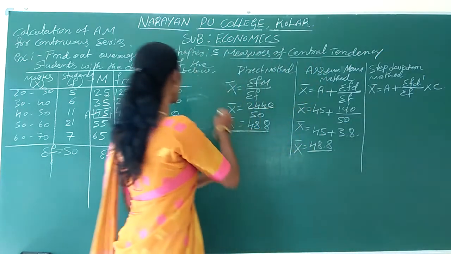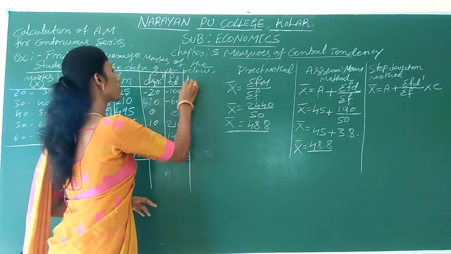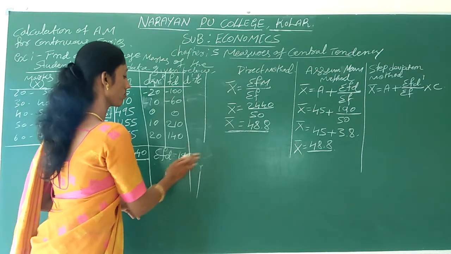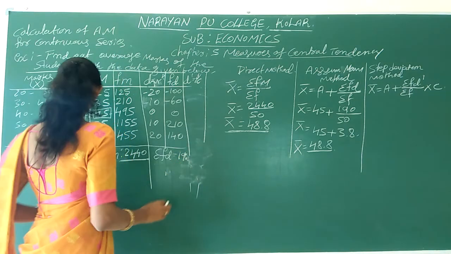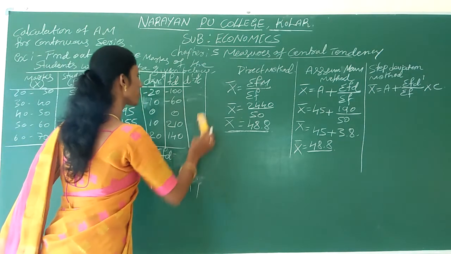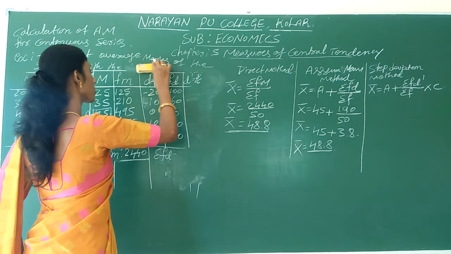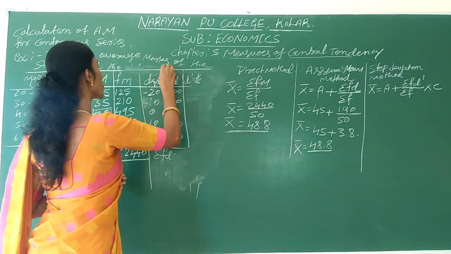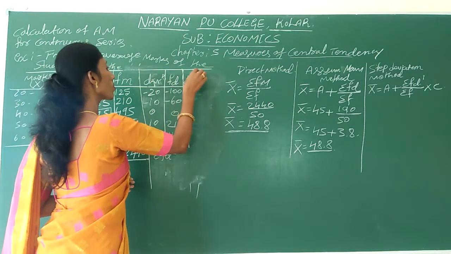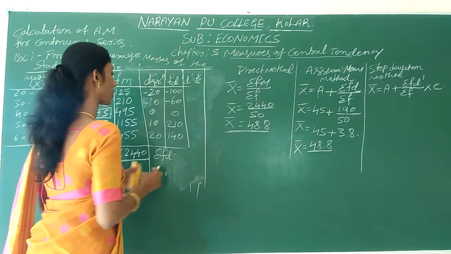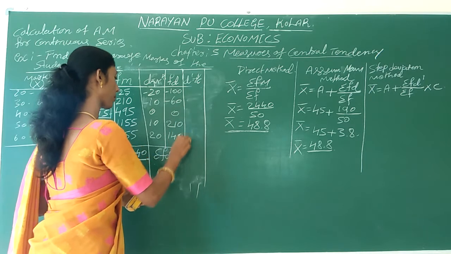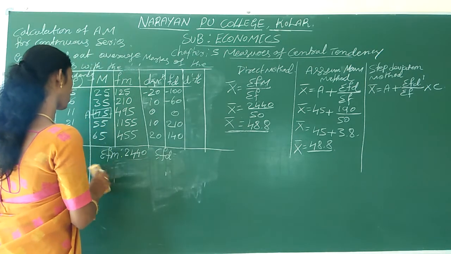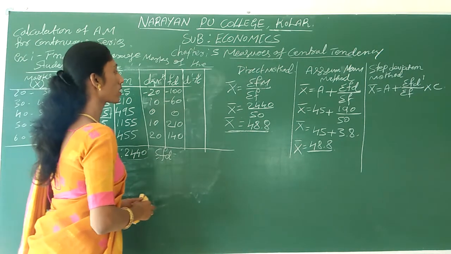How to find d dot? The formula is d by c.